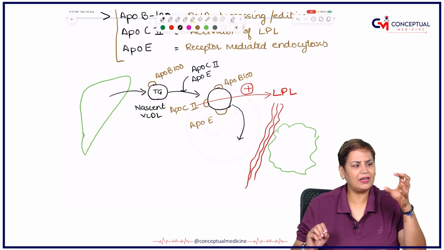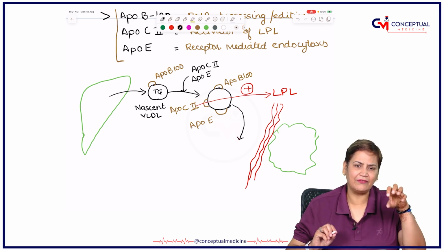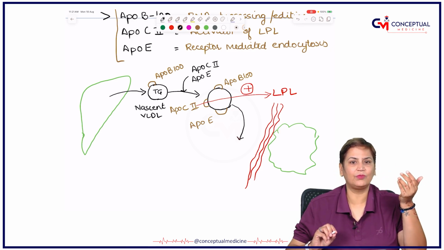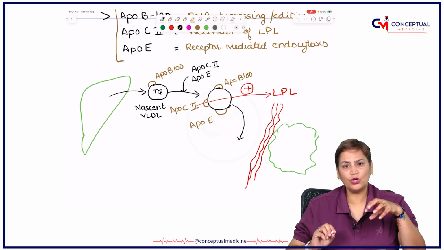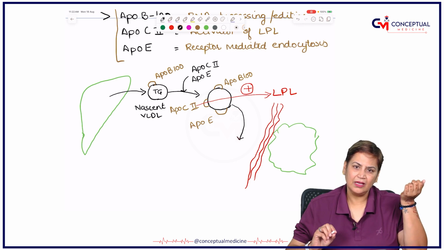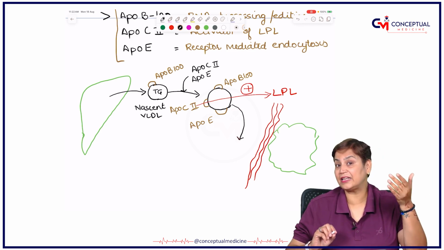Whatever the lipoprotein is having in it, we have to extract that, so that whenever the energy is required, the body will produce energy from whatever is stored. Because TGs are what? Triglycerides formed of fatty acids and glycerol.